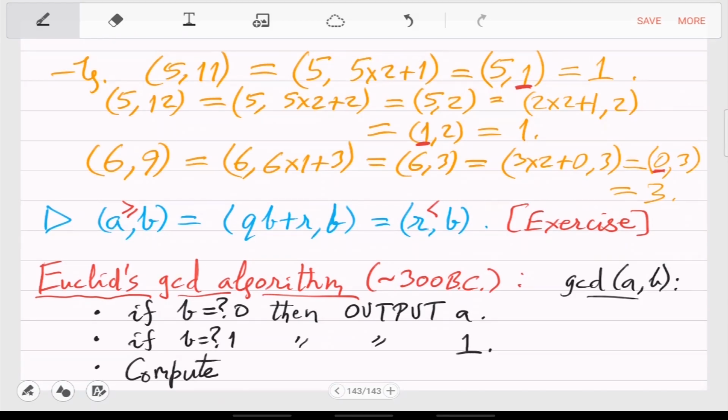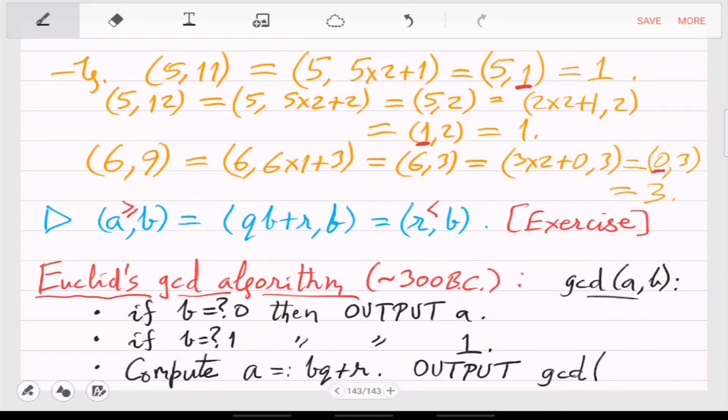So in all other cases, you have not reached the end. So what you have to do is make the A comma B smaller. So you do long division. Let's say A is bigger. So in that case, you compute A equal to QB plus R. And then output, what's the call?